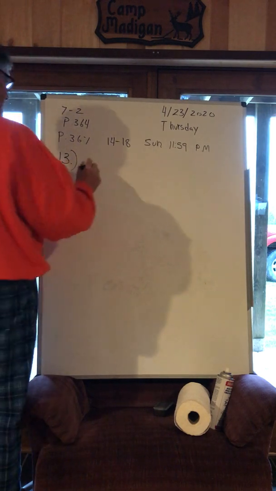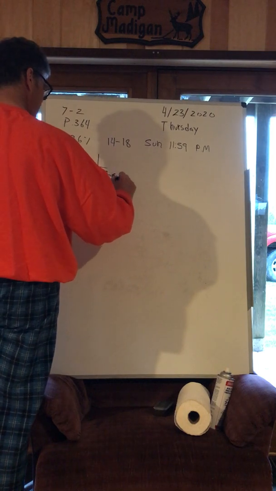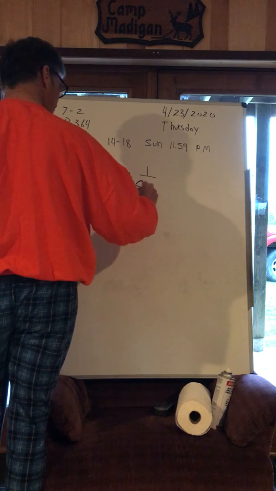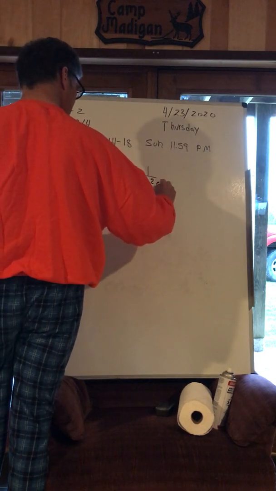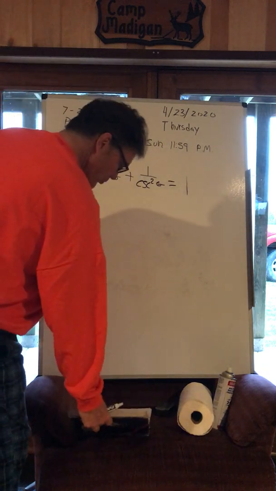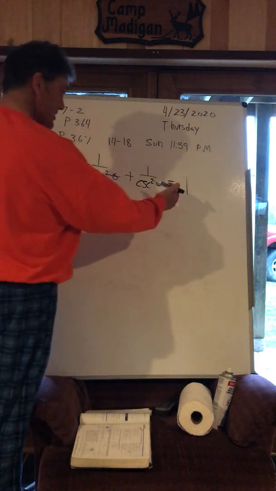And we've got 1 over the secant squared theta, plus 1 over the cosecant squared theta equals 1. Now, we're verifying trig identities here. So, this equals 1.